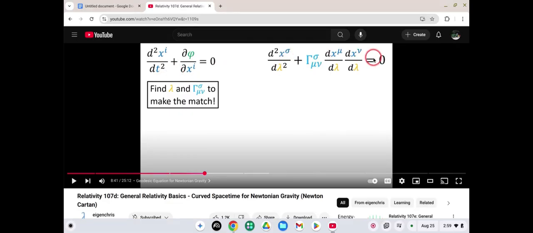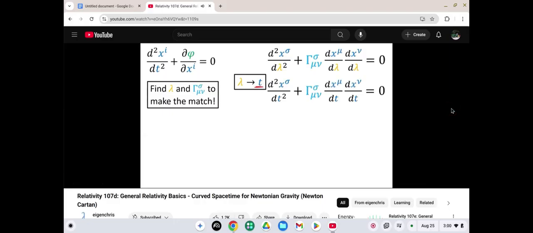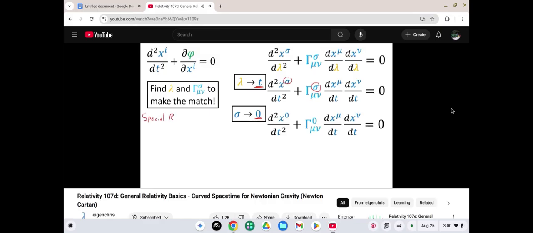He is just now at the point where this is what we just got through doing. This is the geodesic equation. He's getting ready to replace this parameter he had in here called lambda with time. First, we choose the path parameter lambda to be the universal Newtonian time coordinate t. Next, let's see what we get when we take the sigma index to be 0. Now, in previous videos on special relativity, I've said that the x0 coordinate is just the speed of light times t.